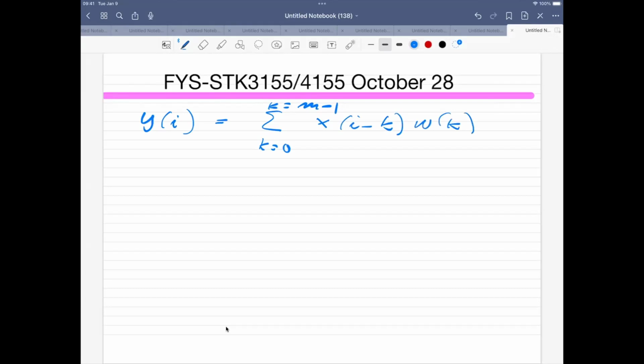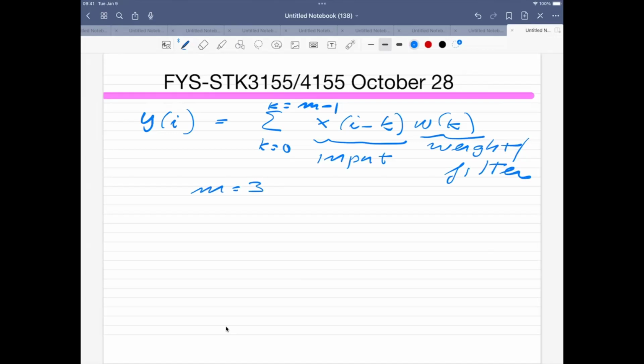Since we had a second order polynomial multiplied with a third order polynomial, the dimensionality of x is larger. So this is our input, and this is normally called a weight or a filter. And in our particular case, we had m equal to 3.